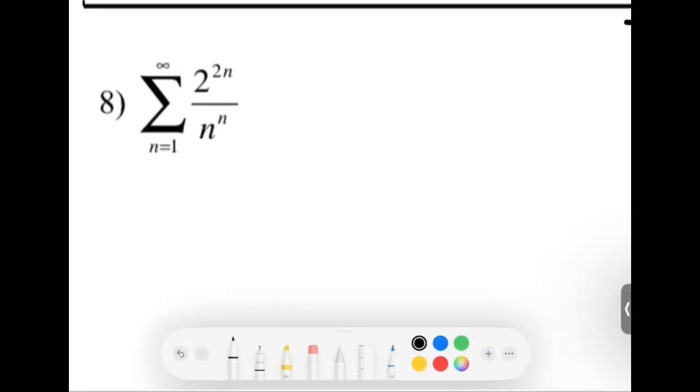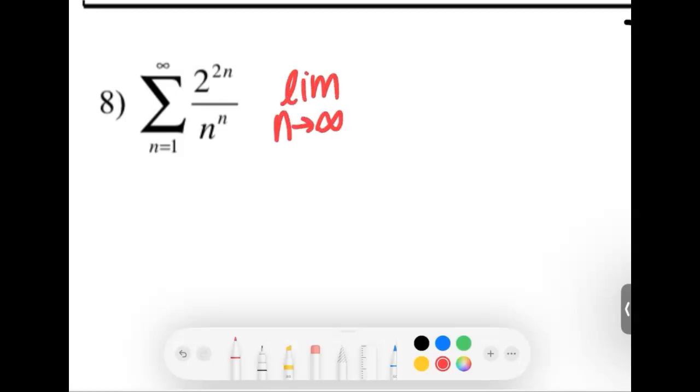We know that there's no necessarily one right test for everything, so we could have done our ratio test for this, but the fact that both numerator and denominator have a power with n in it means we can do the root test. What that looks like is we're going to take the limit as n approaches infinity, and we are going to nth root our series.